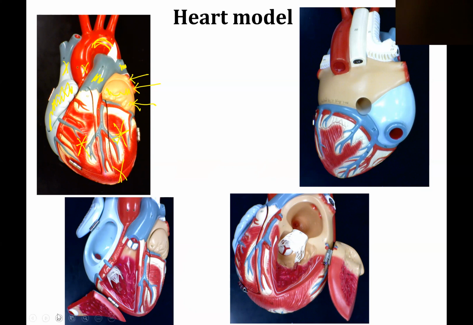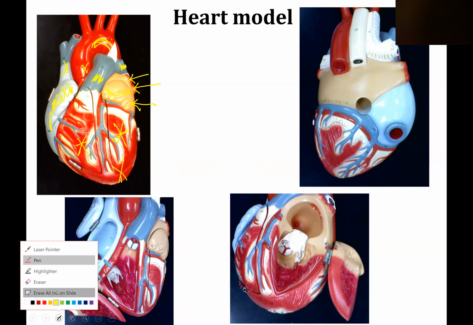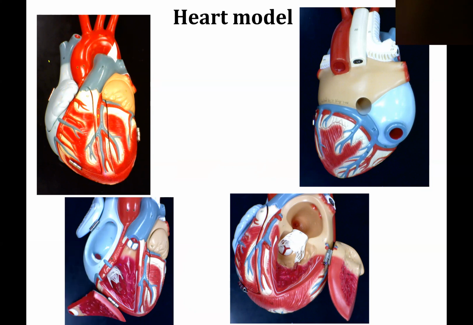You can also see the right coronary artery. Or no, that's the left coronary artery, sorry. The right coronary artery is way over here. It comes through here. You just can't see all of it. The circumflex artery and the great cardiac vein.